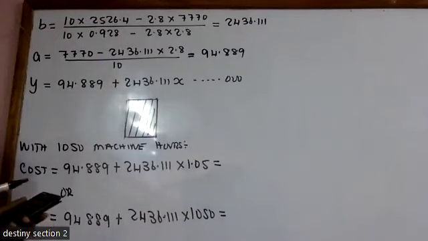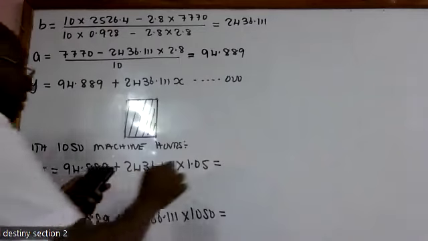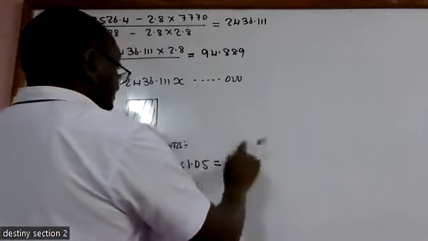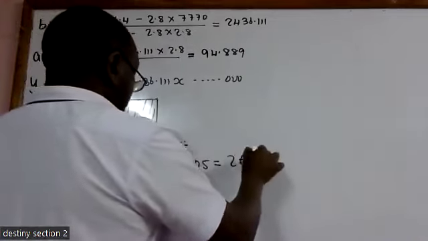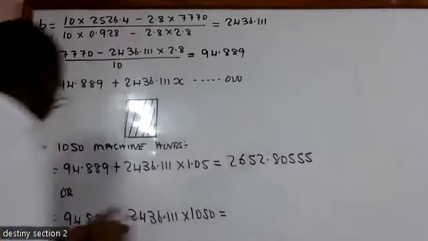So if I'm taking 94.889 plus 2436.111 times 1.05, I'm getting 2652.80555.